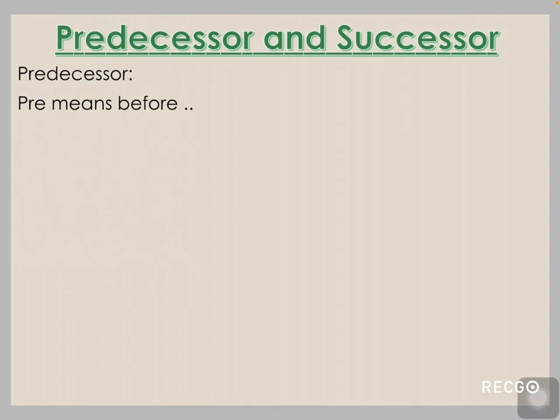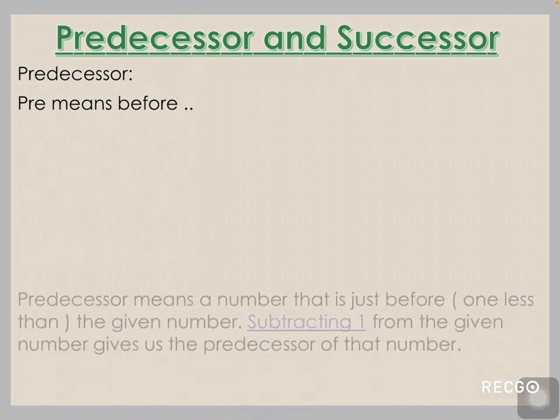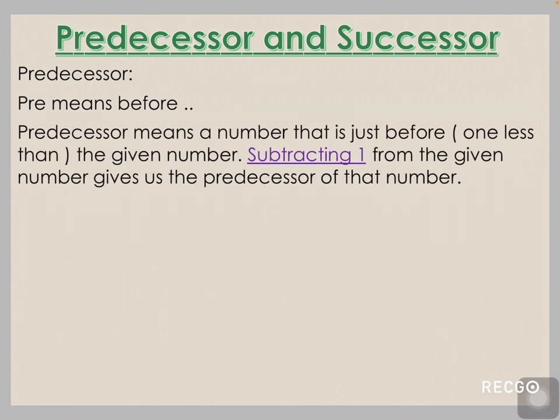So if you are given a number and you add one to that number, you will get successor because you are going forward. If you subtract 1 from that number, you will get predecessor because pre means before. So if you want to go back, you have to subtract 1. Clear? And if you want to go forward, you have to add 1 to the number.